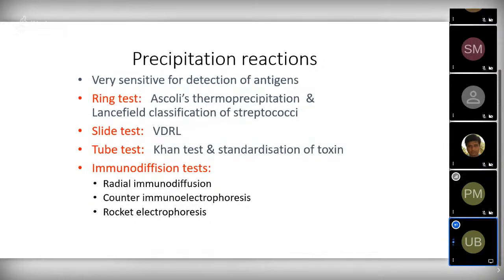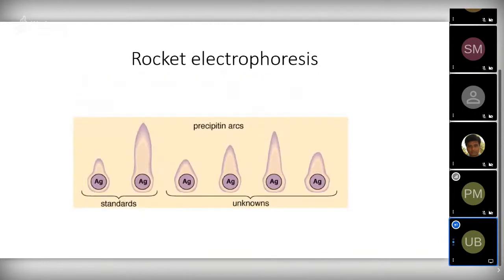There are various examples like radial immunodiffusion, counter immunoelectrophoresis, and rocket electrophoresis. And this is rocket electrophoresis, where this is the gel. The gel will contain the specific antibody. Say you take this one itself, you have specific antibodies incorporated into this gel, and these are wells which are created with templates.